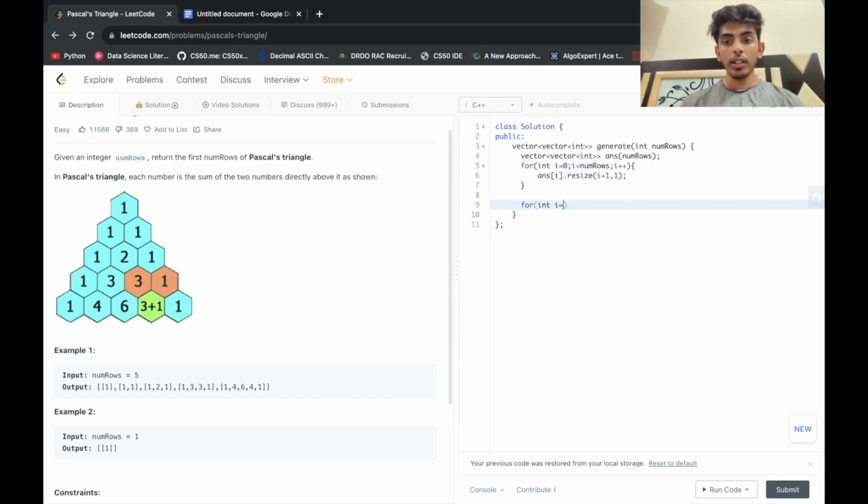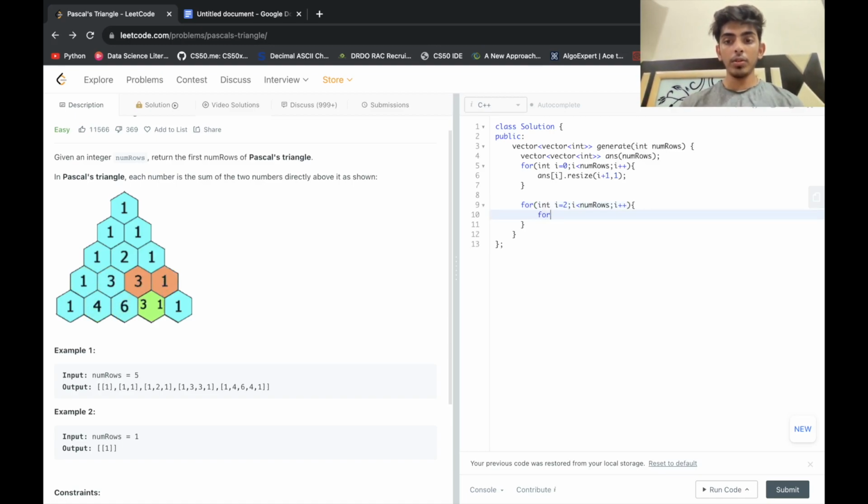After that we have to calculate, but only on the inner cells. We also observe that the zeroth and first row will always remain 1. So we start calculating from the 2nd row, since we are using zero based indexing, and go up to num rows, i plus plus.